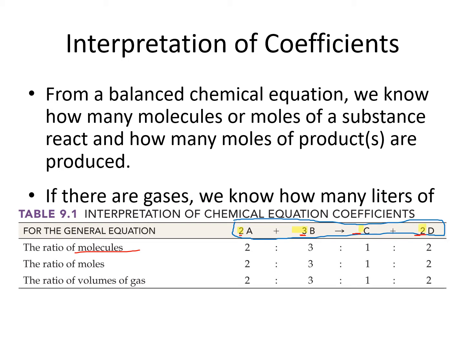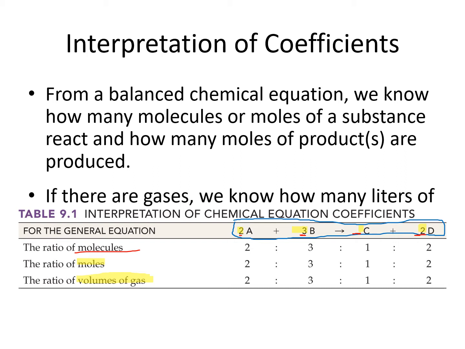Or I could have a ratio of moles of that same number, or if all of these compounds are gases, it could be the ratio of the volume as well. Remember back last chapter, chapter 8, when we learned about the idea of molar volume.